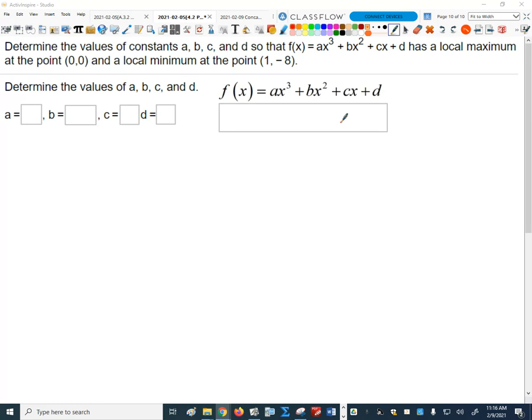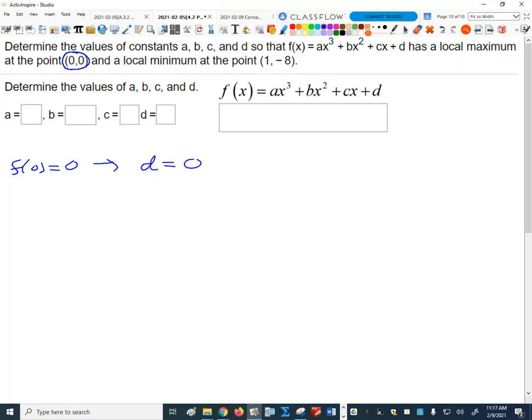Okay, so let's kind of color code this. So here's one piece of information. It goes through that point, right? When x is 0, y is 0. So if I evaluate, that tells me, in other words, that f of 0 equals 0, right? So what's that tell me? If I plug 0 in for x, I get 0 plus 0 plus 0 plus d equals f of x, which is 0.